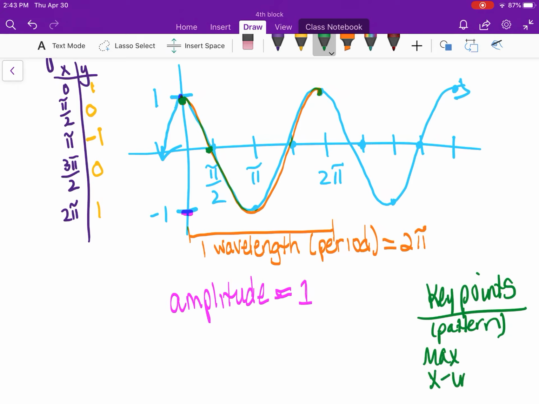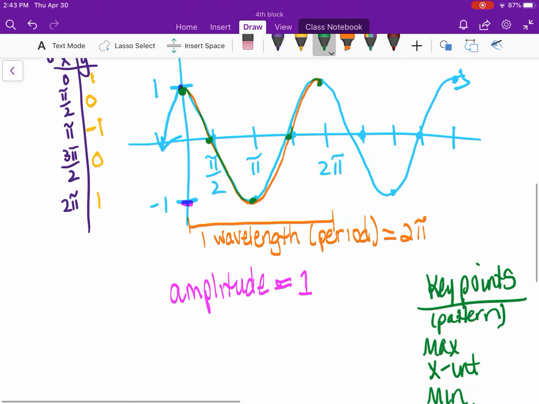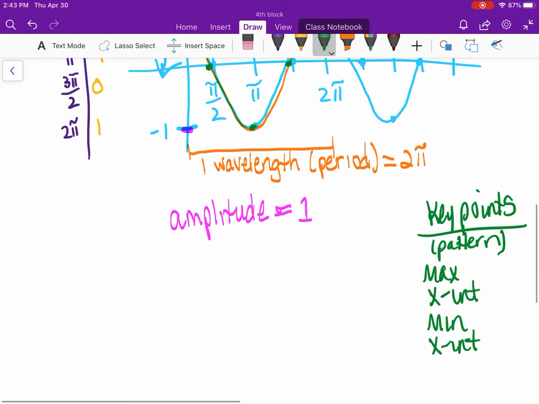Then I have an x-intercept. Then I have a minimum. Then I have an x-intercept. And then a maximum again.